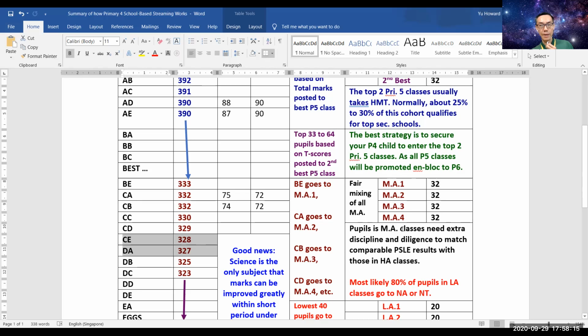But some schools, like Pri.4 during my time there, after CD goes to MA4, the next student, CE, will go back to MA3. Then the next student, DA, will go to MA2. They follow this order: down, up, down, up. Sometimes we call this S-banding. This is how they promote the P4 students to P5 MA classes.